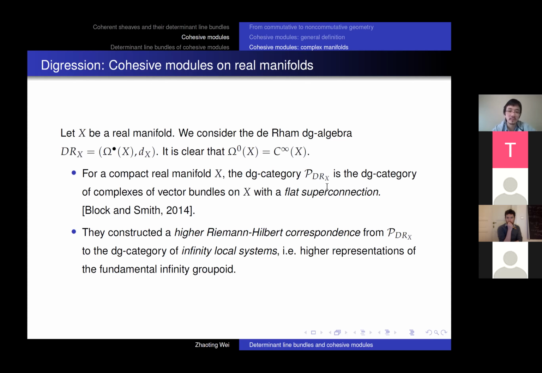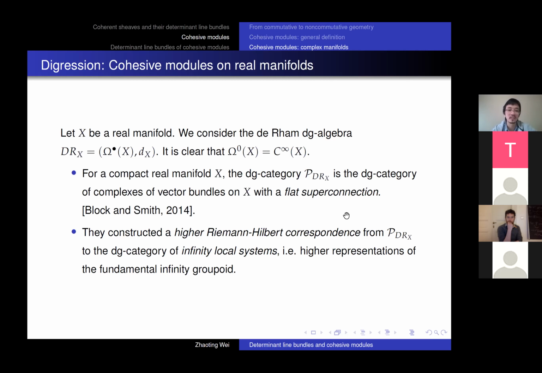And they even construct a so-called higher Riemann-Hilbert correspondence between this complex of vector bundles with flat super connection and so-called infinity local systems. That's their construction. We know Riemann-Hilbert correspondence is a correspondence between vector bundles with flat connection and representations of the fundamental group.